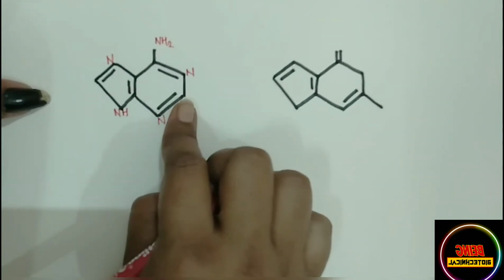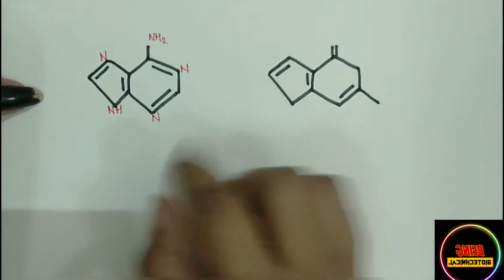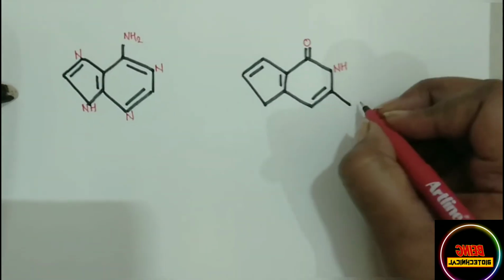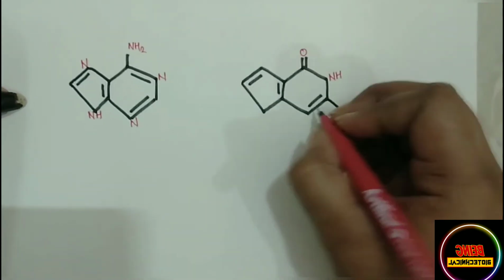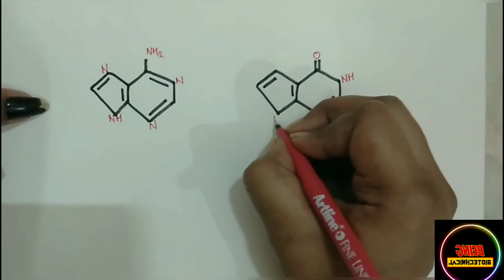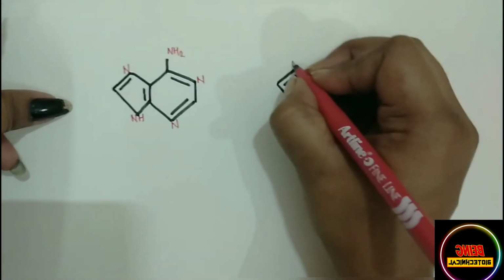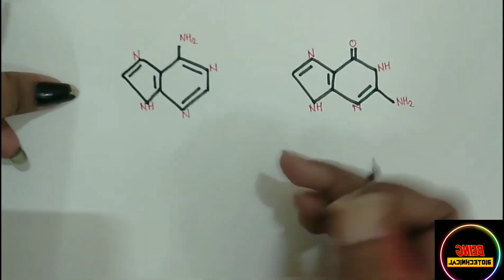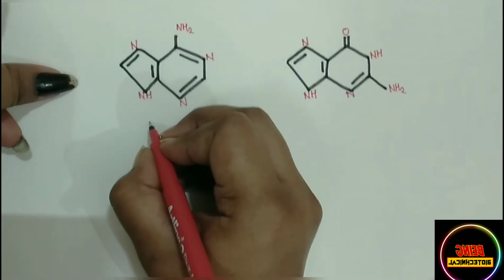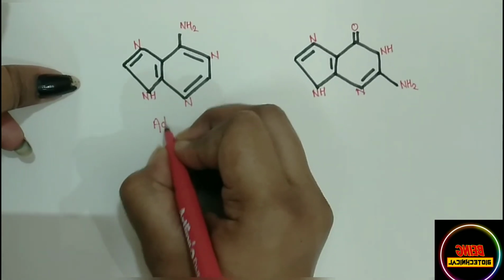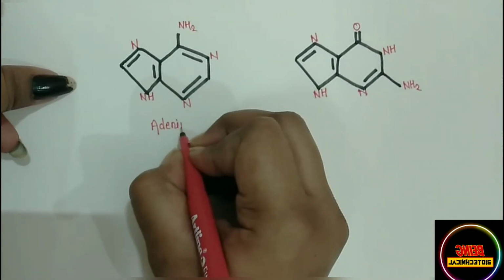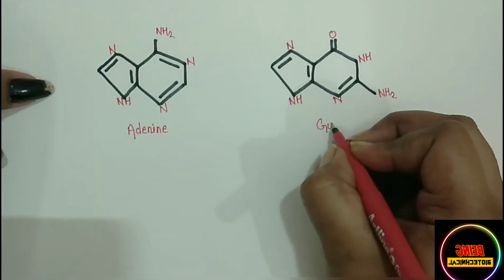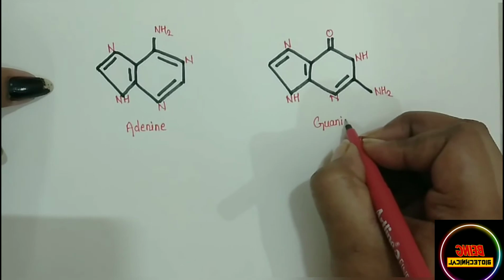Okay? And add O, NH, NH2, N, NH and N at these positions. Done? Now, the first structure which doesn't have a tail is adenine, and the second structure which has a tail is guanine. So, purine is done.